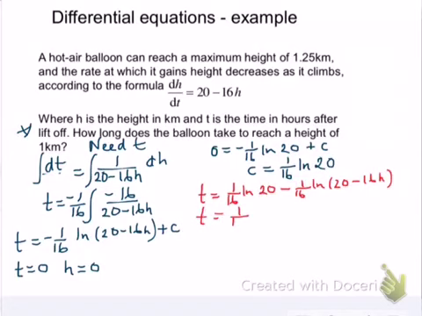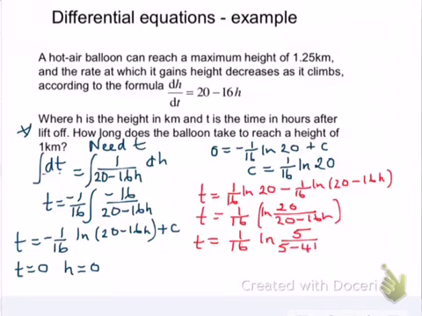I've got 1/16, and using my log laws, I can therefore say it's ln of 20 over (20 - 16h). And this bracket here, I can simplify to give me ln of 5 over (5 - 4h).